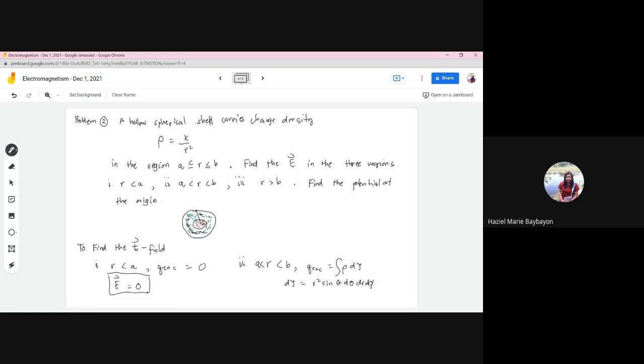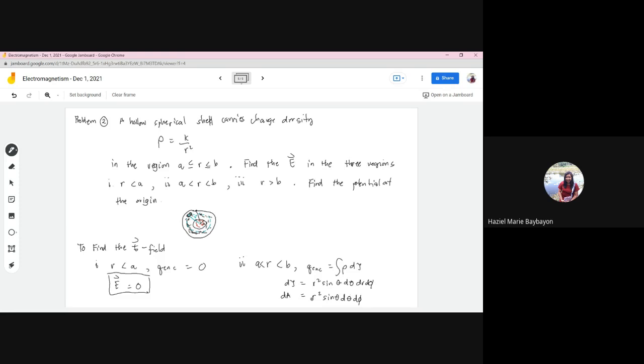And then for the electric field, you just have to equate the integral of E dot dA equals Q enclosed over epsilon naught. So we need to find dA also. If we take a small area on your Gaussian surface, that area is r squared sine theta d theta d phi.